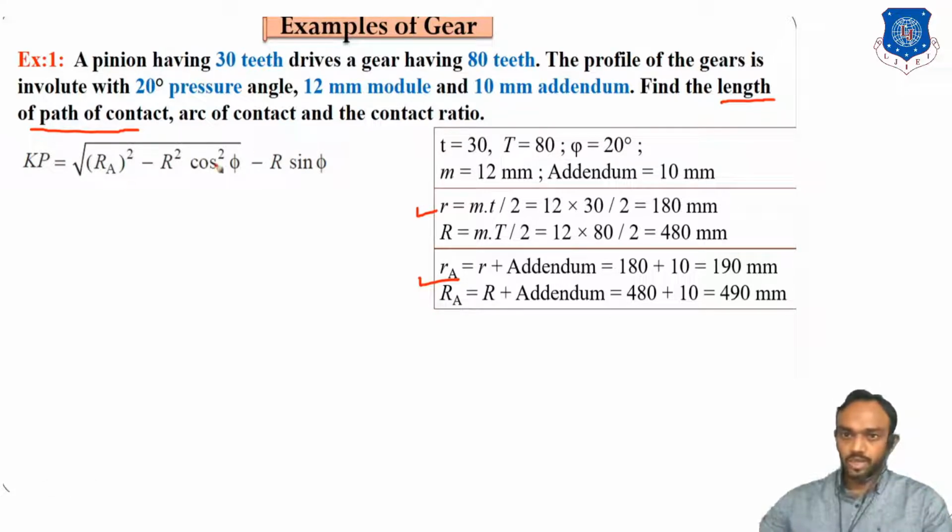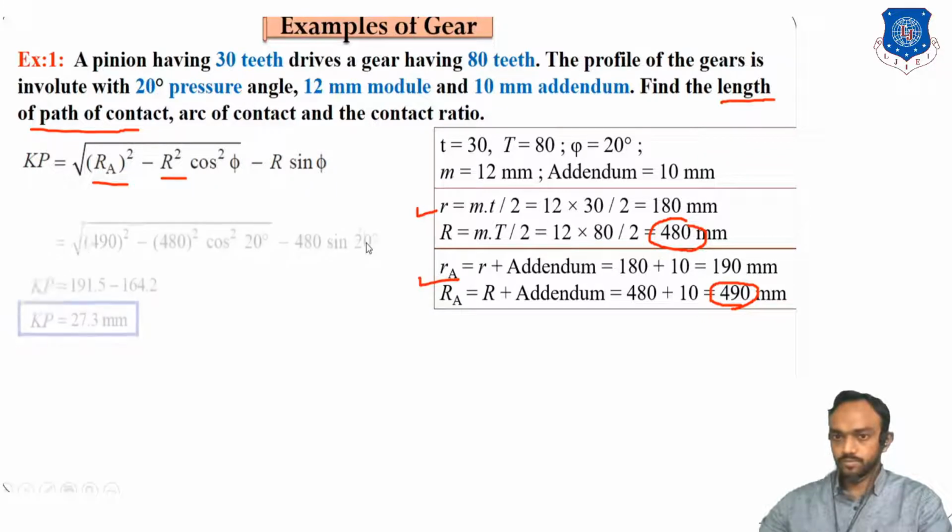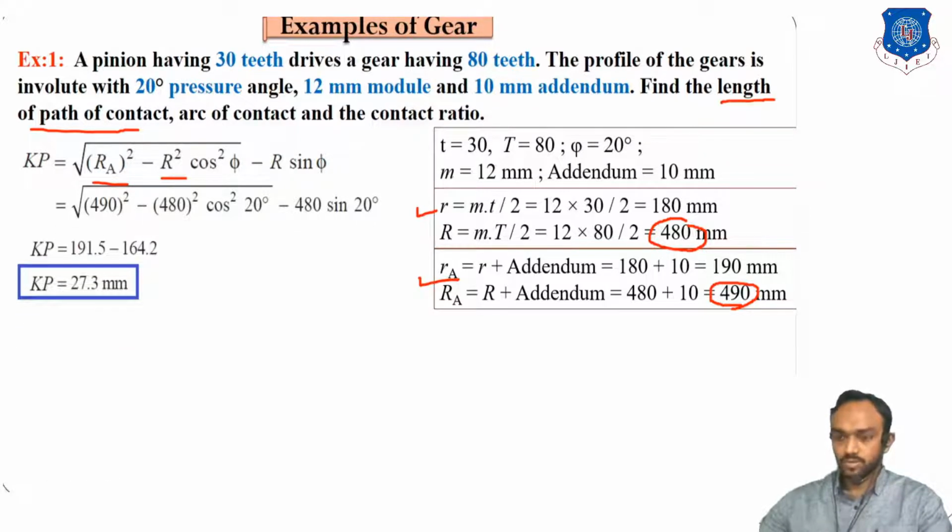You already know that capital R a is equal to 490 and capital R is equal to 480, and phi is 20. So put this value in the formula, 490, 480 cos square 20, and you can find this Kp is 27.3 mm.